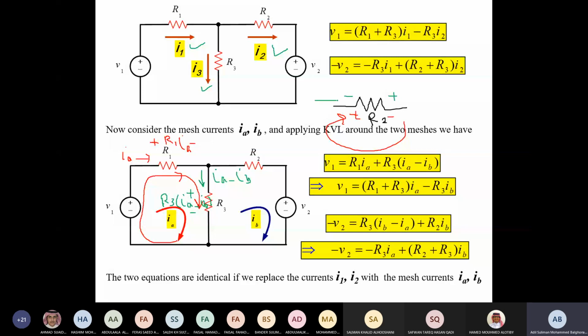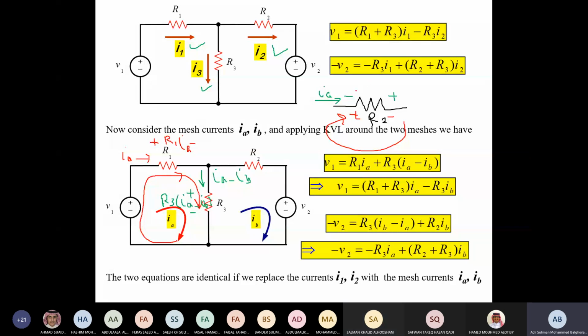Okay, the current that is entering over here is still IA, right? Correct. Now the current IA is entering, and the polarity that you put, the minus, is entering from the minus, right or not? Yes. Well, according to Ohm's law, when the current enters from the minus, is it RI or minus RI? Minus RI.